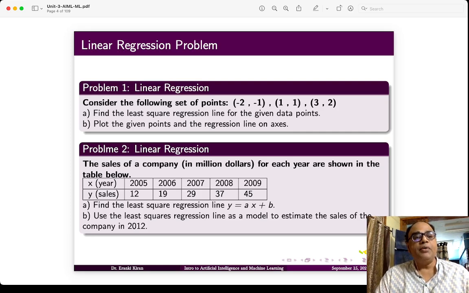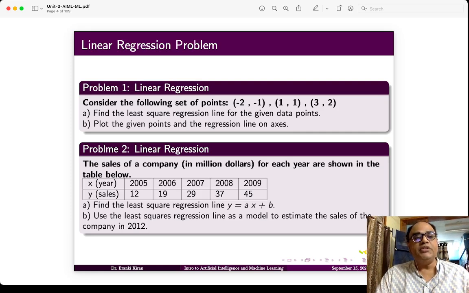The second problem is about future prediction of the sales of a company for a set of years that have been given in the table. So years 2005 to 2009, and sales data is also provided. The first part asks us to find the least square regression line using the slope equation y equal to ax plus b, where we are trying to find the slope and the intercept. Then use the least squares regression line as a model to estimate the sales of the company in 2012.